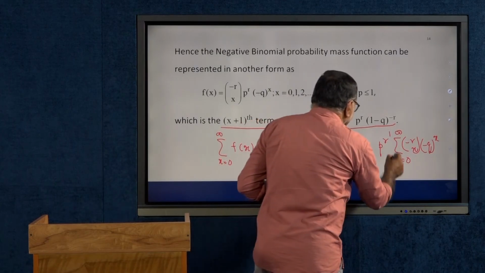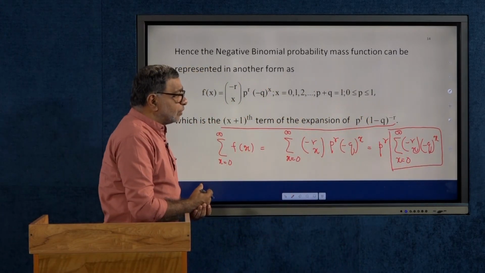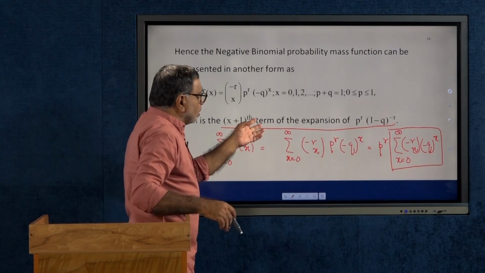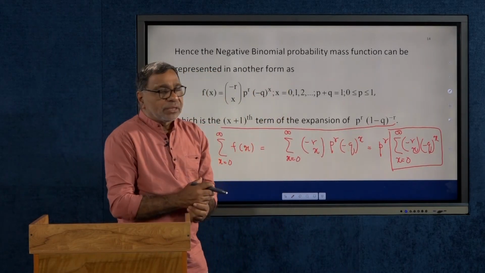This is actually the expansion of 1 minus q power minus r.